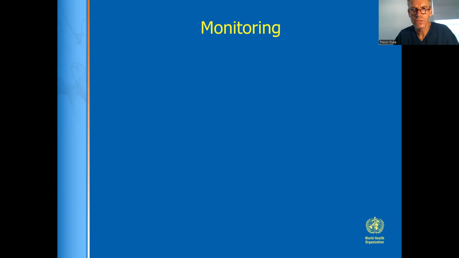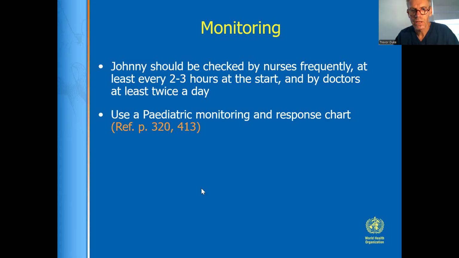Monitoring. Ideally, you should use a color-coded pediatric monitoring and response chart. I'll show you one of those shortly. That can dictate the frequency of monitoring. It's usually quite frequent, every hour or 2 hours to start with, while he stabilizes, and then it can be less frequent. 4 to 6 hourly monitoring is okay after a child's much better, but to start with, you should have more intense monitoring when he gets to the ward.